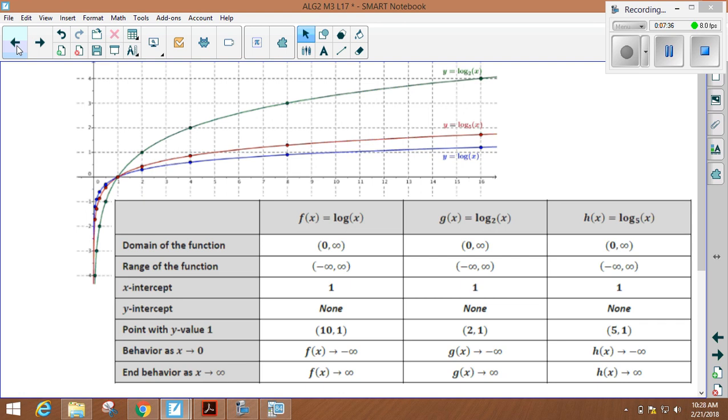So for number 1, your book is asking, what does the graph indicate about the domain of your function? So here's your domain.